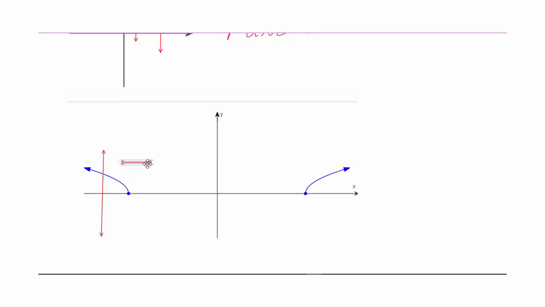No matter where I draw those lines, isn't it the case that it's only going to hit one point? Right? So this one passes the vertical line test, VLT, vertical line test, and so this is a function.